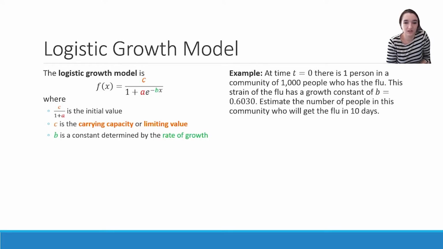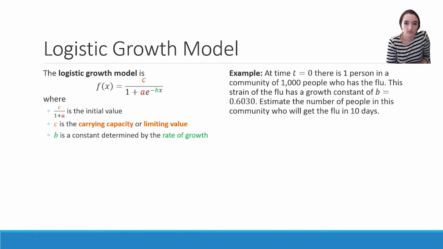Essentially, what's interesting about logistic growth models is they have a second horizontal asymptote, which we've never seen before. All of our rational functions, our exponentials, our logs from before, we've only ever seen one horizontal asymptote show up. But for a logistic, we end up with two of them.